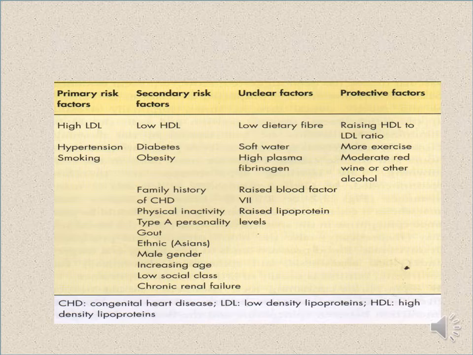Unclear factor, low dietary fiber, soft water, high plasma fibrinogen, rise blood factor 7, rise lipoprotein level. Protective factor, rising HDL to LDL ratio, more exercise, moderate red wine or other alcohol.